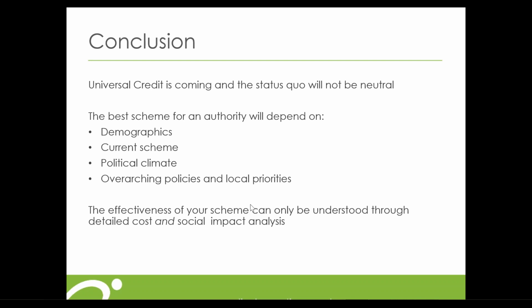If you've only got a few people being hit by some decision you've made on scheme design, you can put money into DHPs or some other CTR emergency support or some other sort of welfare support that's discretionary. But if you've got a large number being hit, that's really not possible, and will negate any admin savings that's been made. So all these things have to be taken into account, and actually every scheme has to be looked at on a local level rather than just imported from another authority.